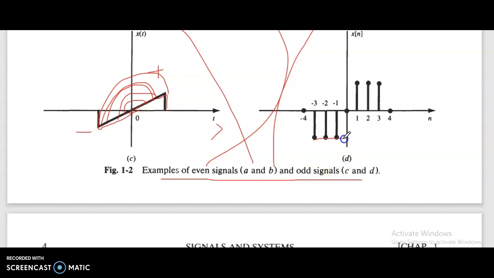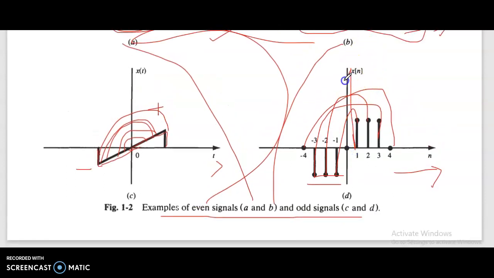Actually, if it is here on this side, this one coming here, this one coming here, this minus one coming plus one. This is n, the number of samples, x of n, discrete signals.